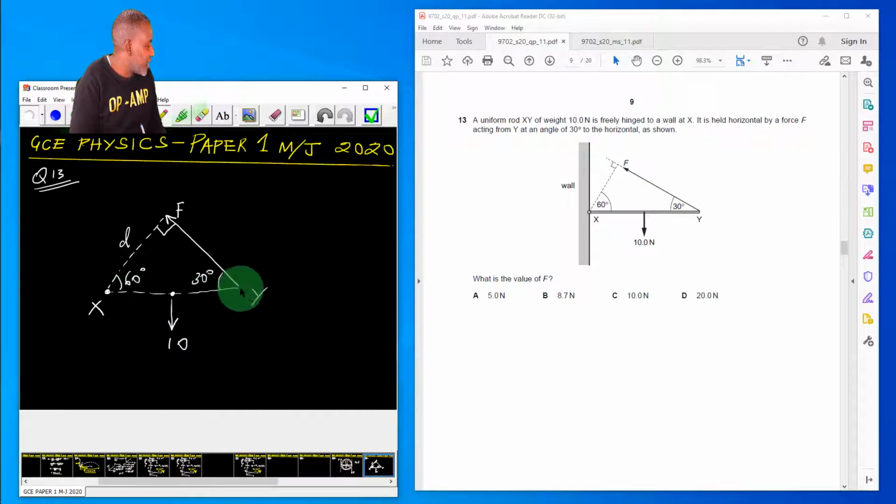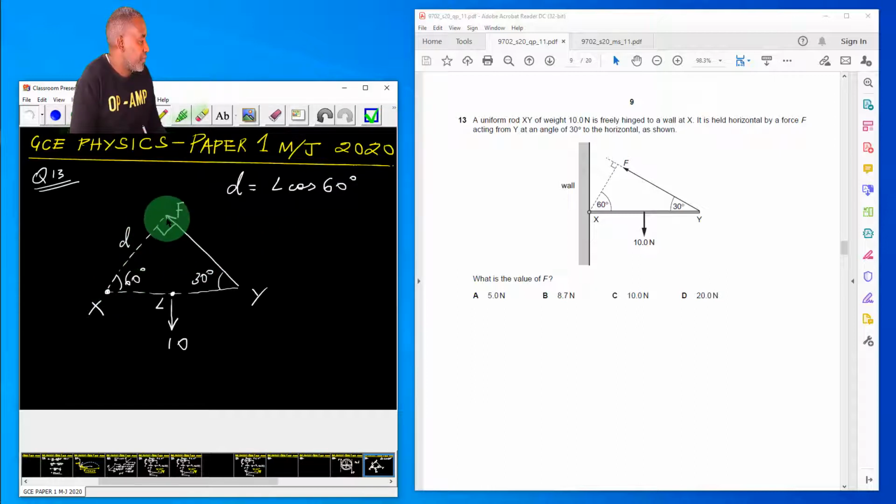If I call this distance here L, the whole of it, L, I'll be able to see that for me to get this distance here, I can use L because this one is a right angled triangle. This distance D is actually equal to L cos 60.